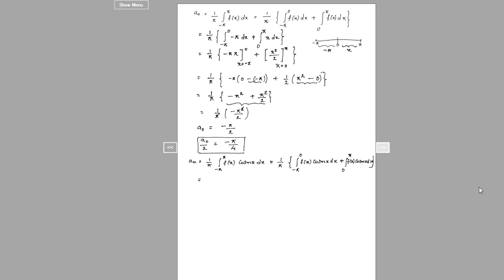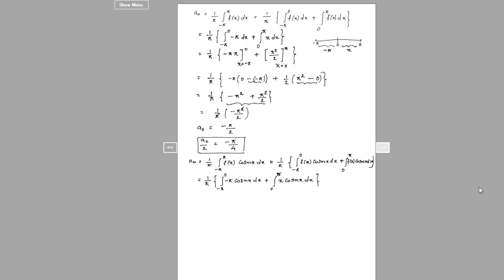Now substitute the values of f of x in that respective interval. So in the interval minus pi to 0, f of x is defined as minus pi cos nx dx plus in the interval 0 to pi, f of x is defined as x cos nx dx.